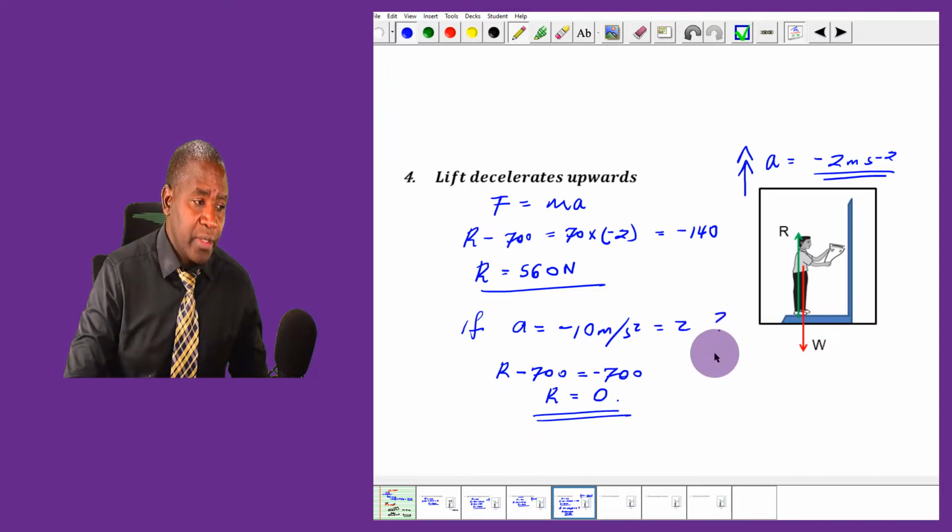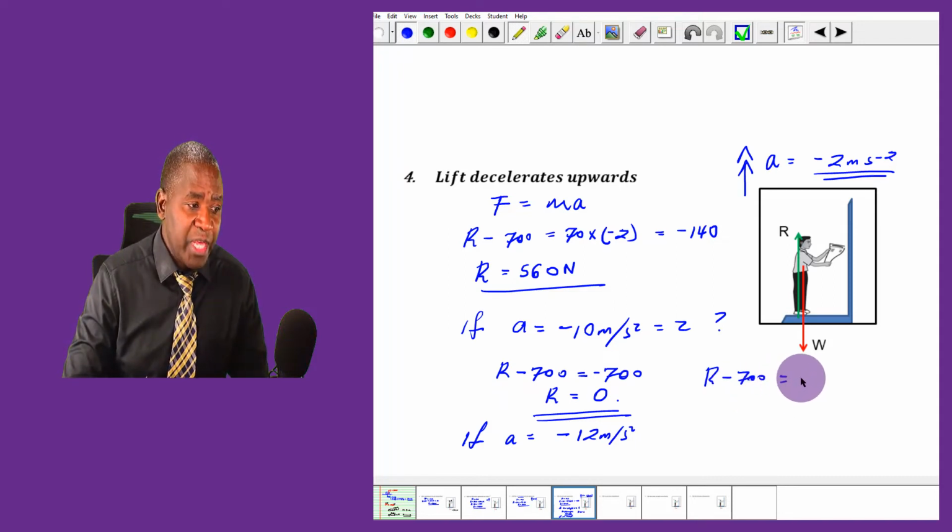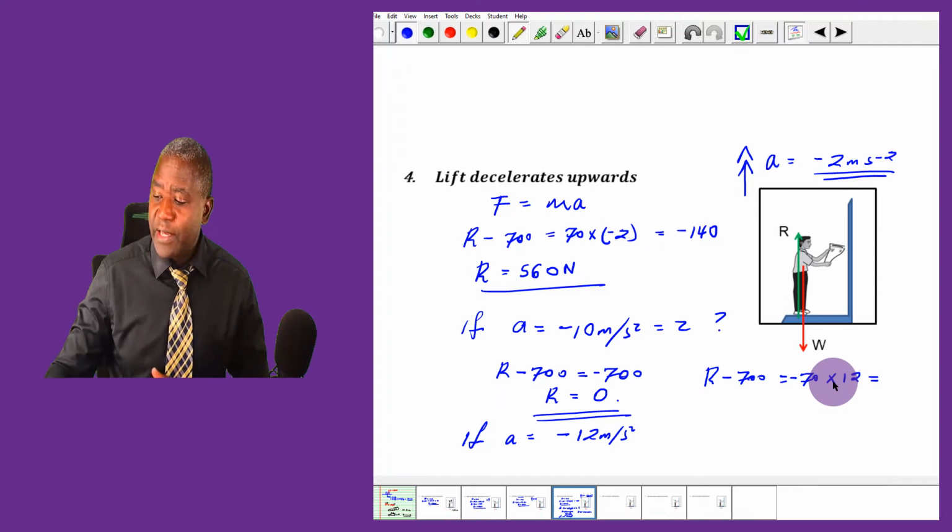You see, that is the first situation. Let's look at if A is equal to, for example, minus 12 meters per second squared. If we substitute these values the same way, we're going to have R minus 700, which will be equal to 70 times 12. Of course, there is a negative here because the A has a negative sign.